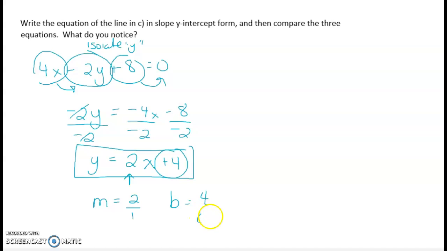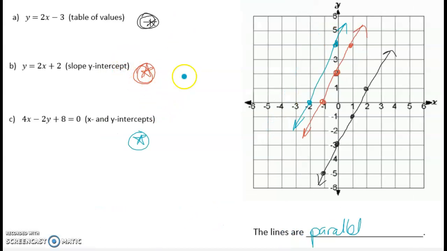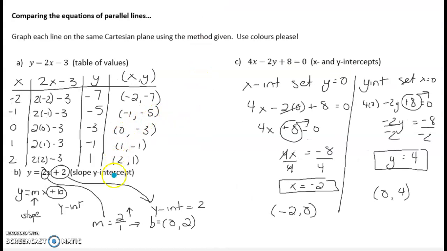So that means x was 0 and y was plus 4. And if we look at that, it is the exact same as these. Okay? Oh, one more. Okay, my y-intercept, look at here. My y-intercept, 0 and 4, and then negative 2 and 0.